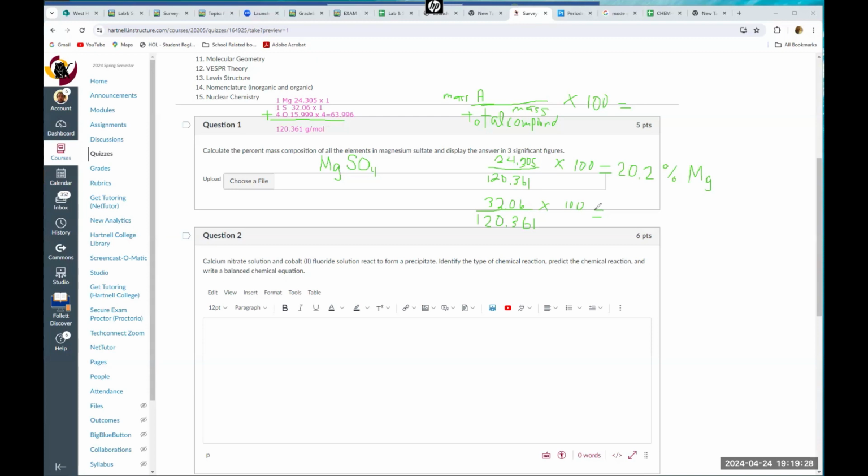It's 26.6, I think. 26.6. That's for sulfur.